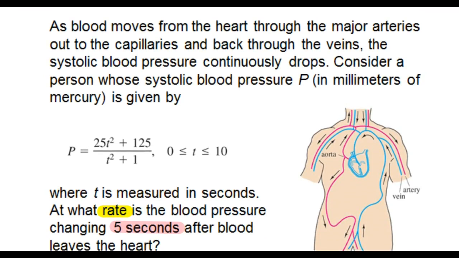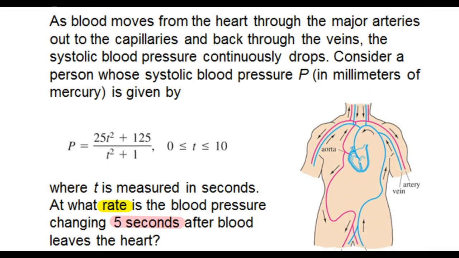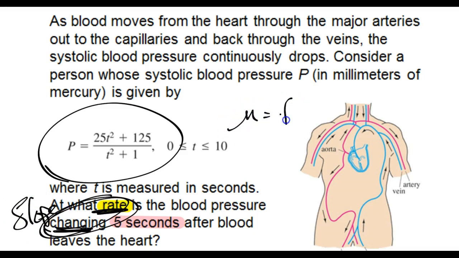Here's an application where you might see this in the business world. They give you a function basically, and they're saying find the rate of change. Whenever you see rate of change, I want you to think about that as the slope. And how do you find slope? Well, that's the first derivative.